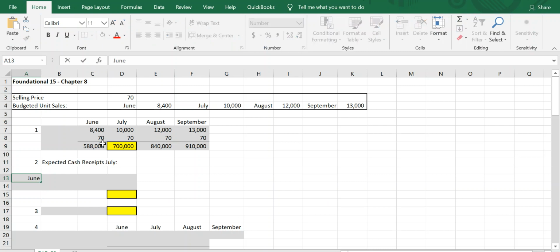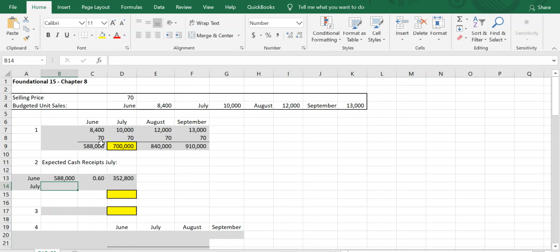The balance that we collect in July from the June sales is going to be 60% of what those sales were. So we have 588,000, multiplied by 60%, which gives 352,800 collected from June.